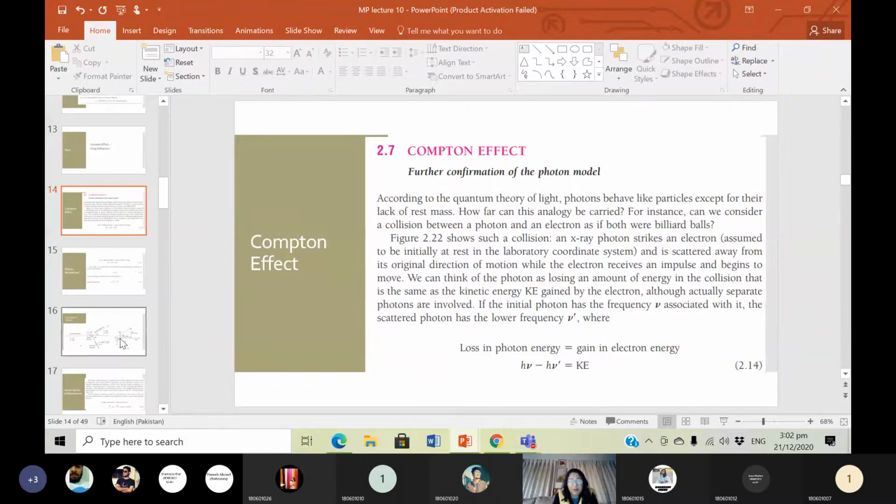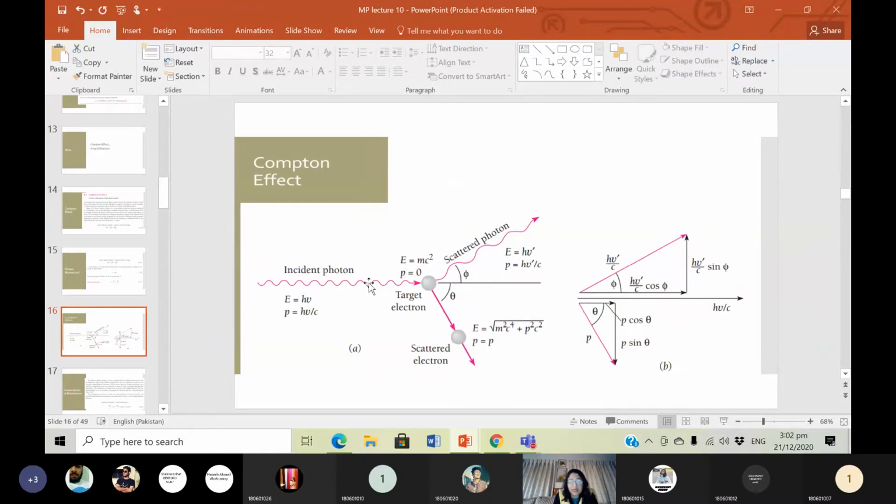For example, if you have an incident photon like an X-ray wave, and this is an electron over here, when the X-ray photon hits the electron, it will be scattered along a different direction. We call that phi.